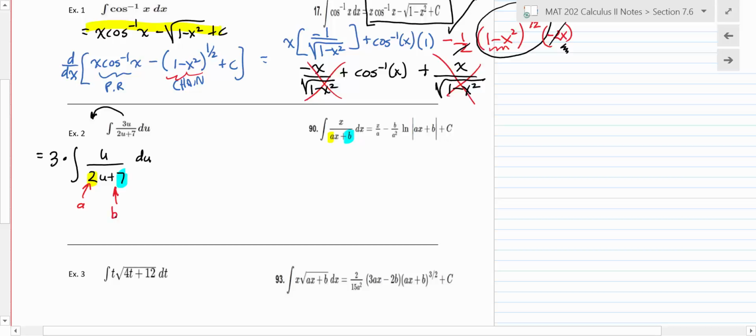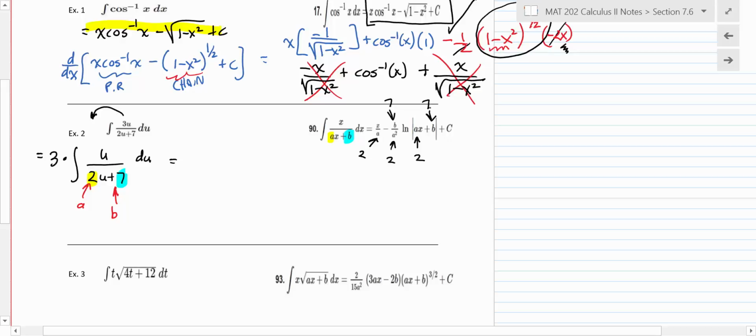The nice thing about this problem is you just plug in what you're supposed to plug in and then you're done. Everywhere you see an a, you put in a 2. Everywhere you see a b, you put in a 7. So it's just straightforward substitution.